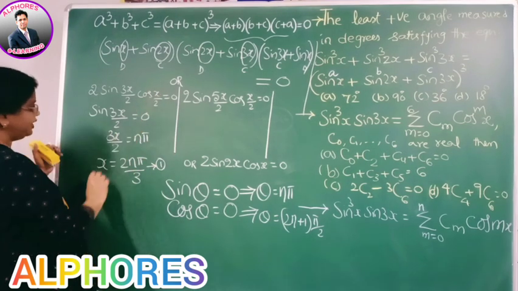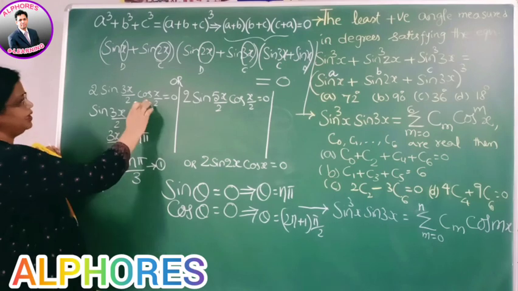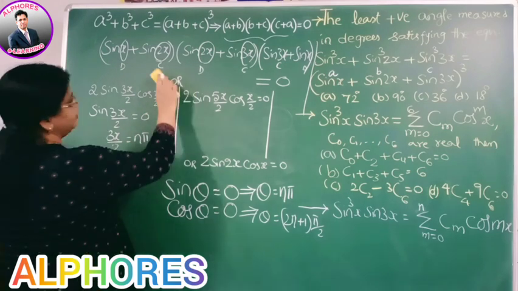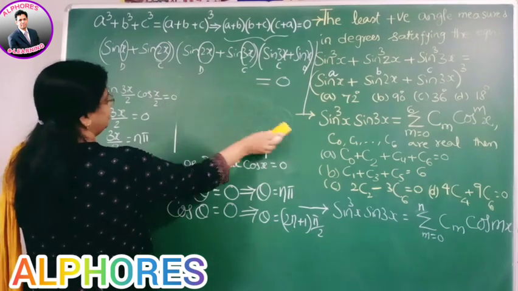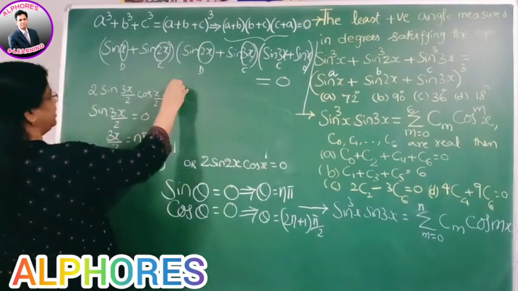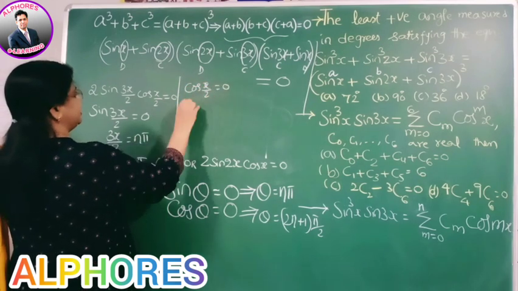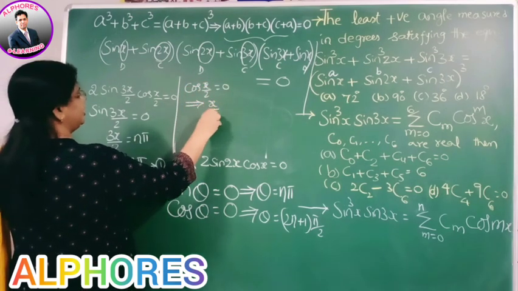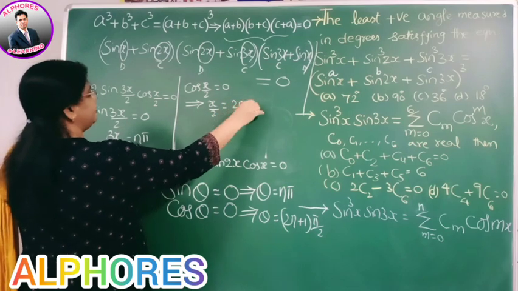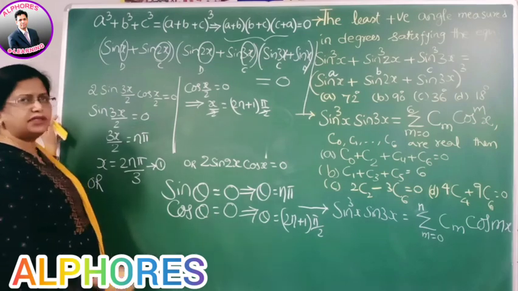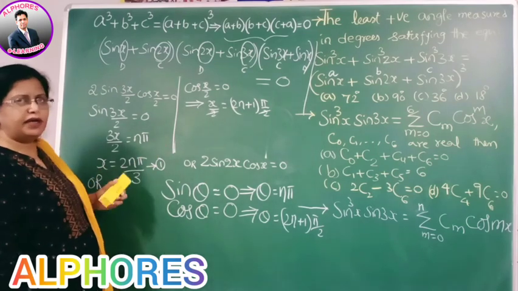And the next other value, that means or, here cos x/2 is 0. So cos x/2 equal to 0 implies x/2 equals an odd multiple of pi/2. Now 2 gets canceled, so you got here an odd multiple of pi.